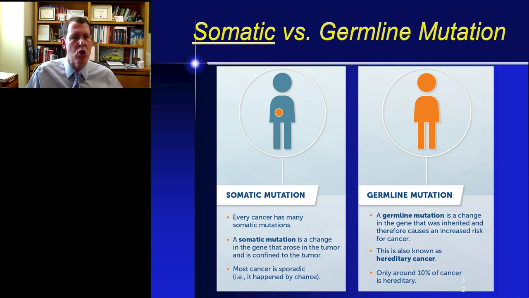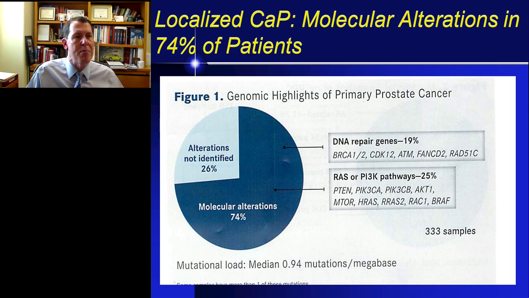Again, we talked about germline mutations earlier. And we know, with looking at these somatic mutations, about 3/4 of men with localized prostate cancer harbor at least one mutation if you interrogate their tumor.